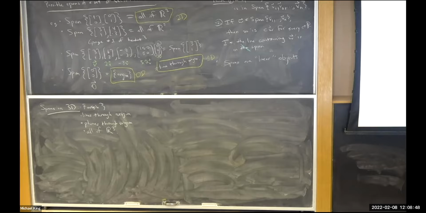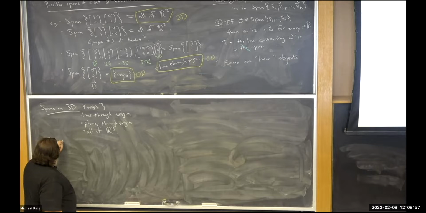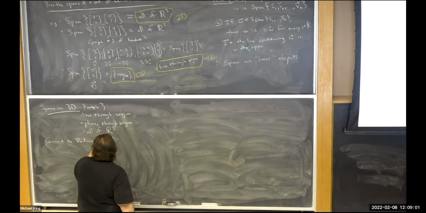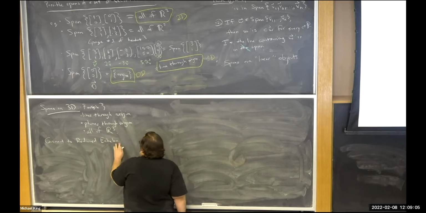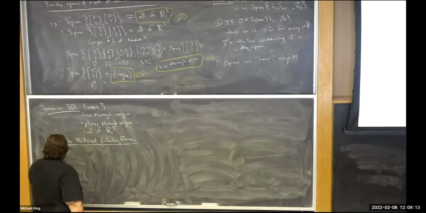It is interesting to think about the reduced echelon form. I want to connect to the echelon forms, similar to what we did with the row perspective of equations. Let's do the 2D case first.